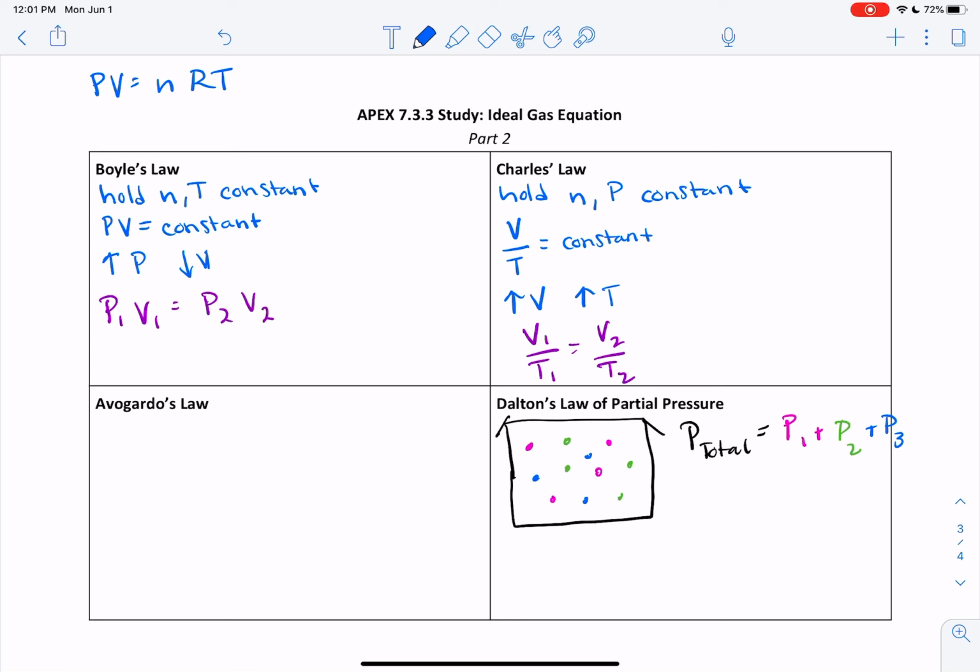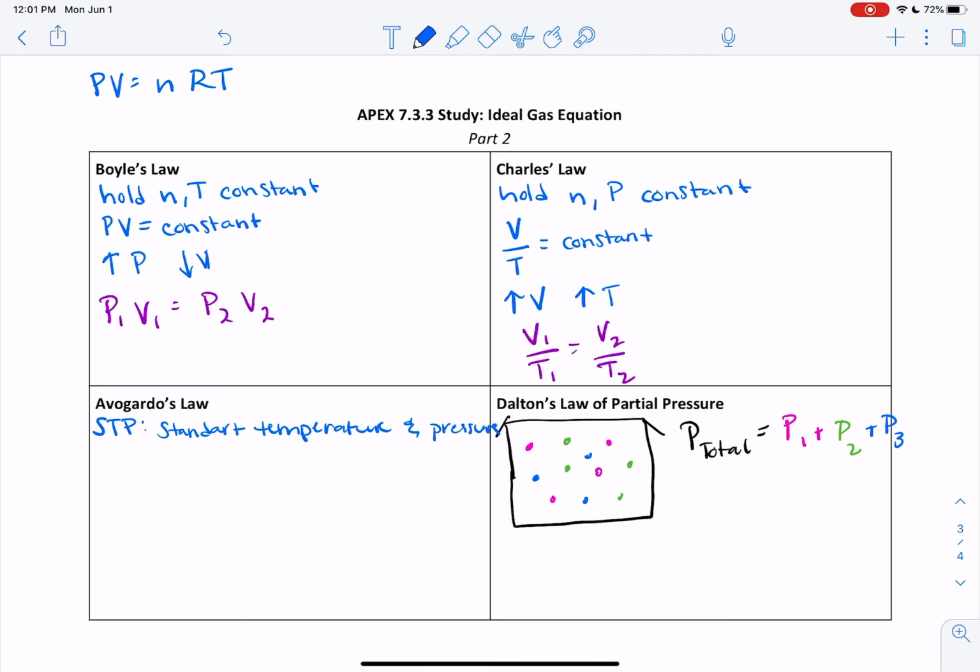Okay, and this last part, Avogadro's law, is a little bit more complicated. So to get started, first you need to understand that STP stands for standard temperature and pressure.